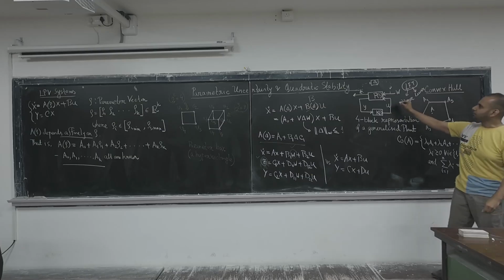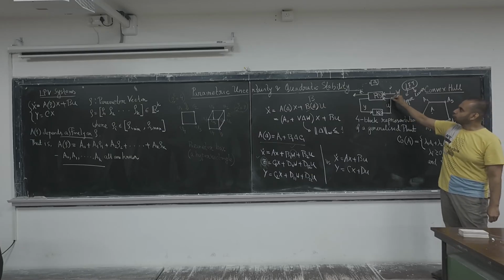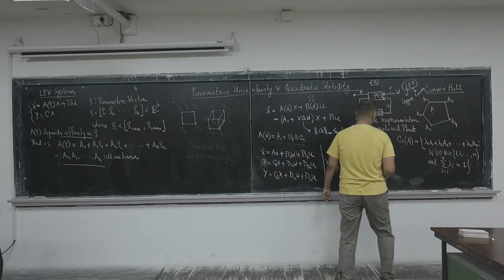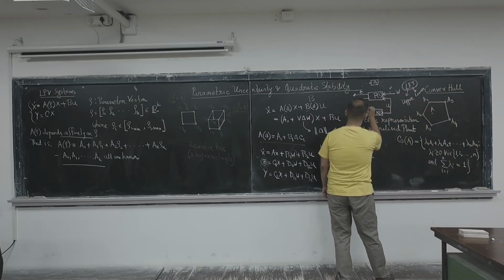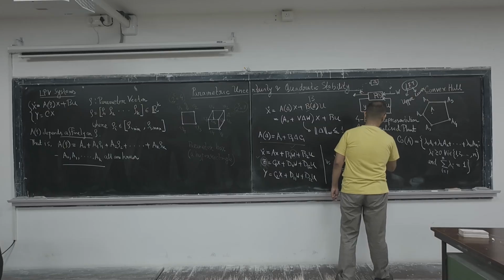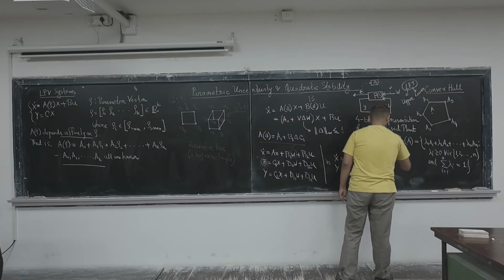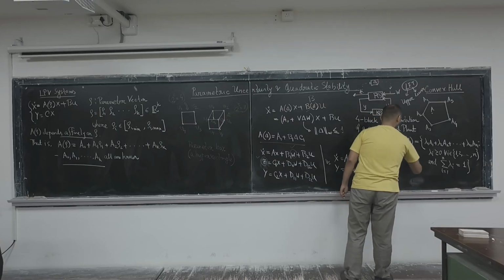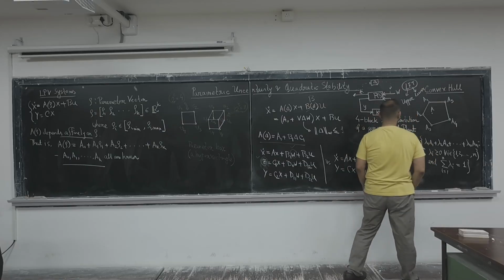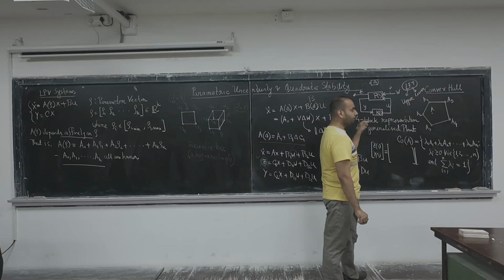So here, what are the signals? You know, it has 2 inputs, 2 outputs. So conforming with that, if you write here, suppose Z of S, because this is the output side, Y of S, that equals... Why is it called a 4-block structure? Because now it is a 2 input, 2 output, and we are grouping.